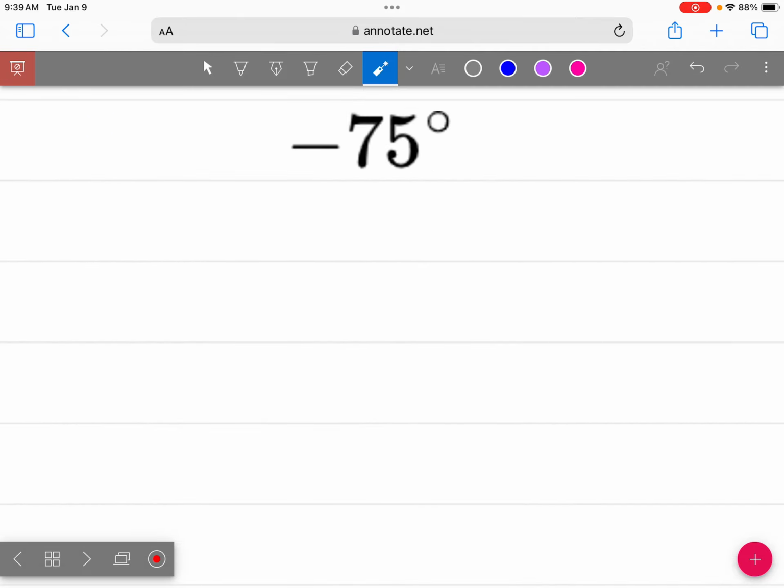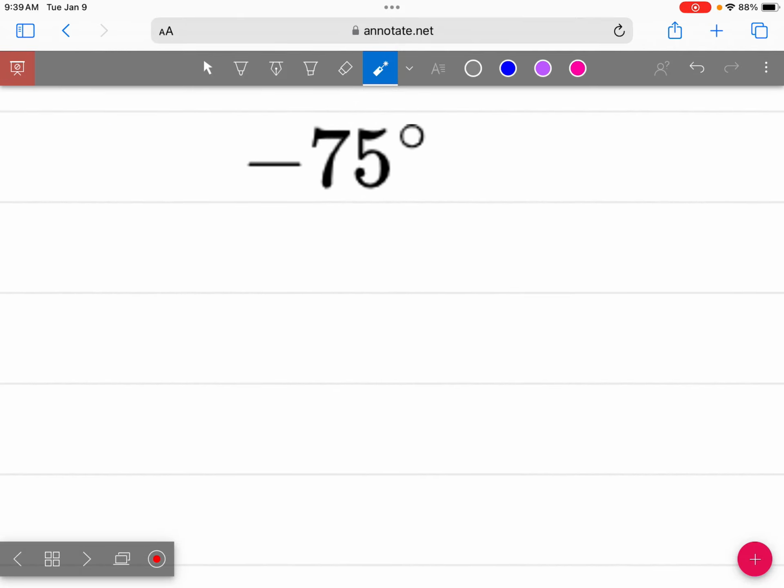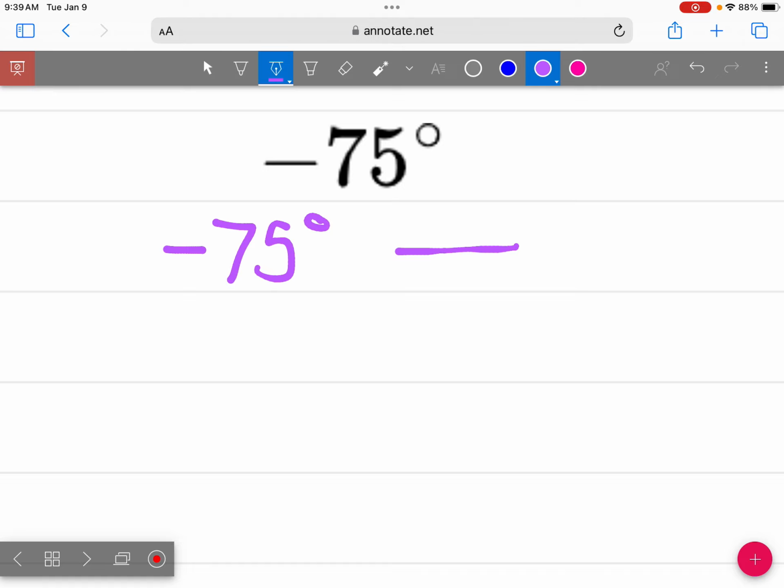So let's do the next one, negative 75. And we can just leave it negative. Like, that's totally fine. We do not need to figure out the positive value of it. We're going to treat it exactly the same. Negative 75 degrees. And to convert it to radians, we're going to do pi over 180 degrees, pi radians per 180 degrees. That makes the degrees cancel out, and we're going to be left with radians.